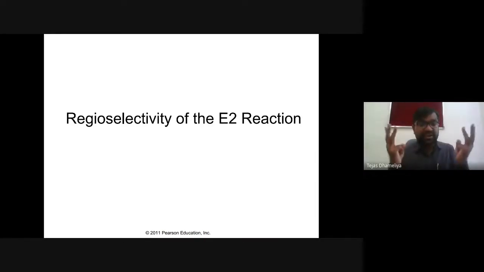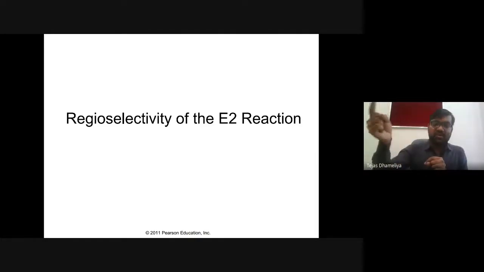After this, the third type, enantioselectivity and diastereoselectivity, are all covered under stereoselectivity. Okay, this is another kind of selectivity. Selectivity means the formation of one isomer over another isomer.